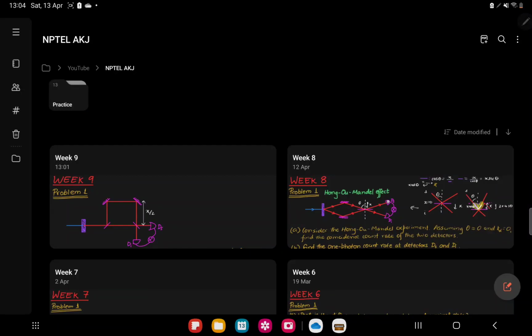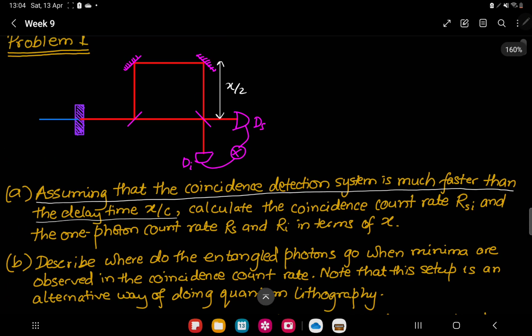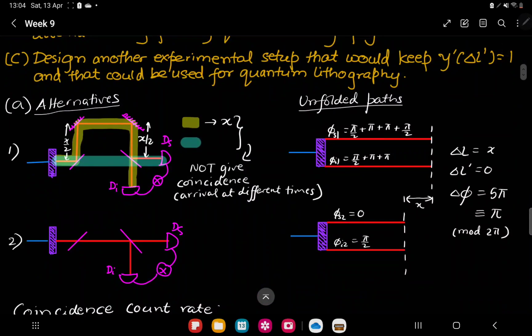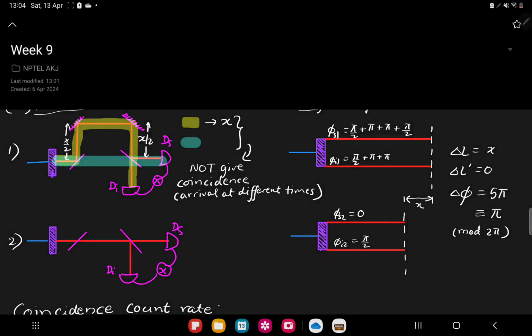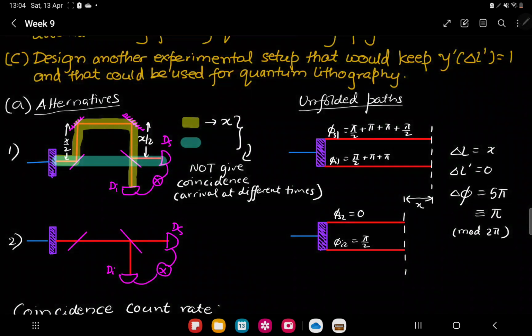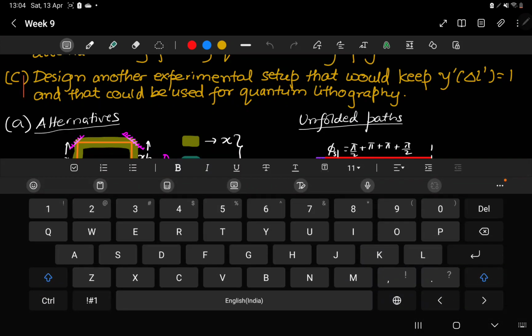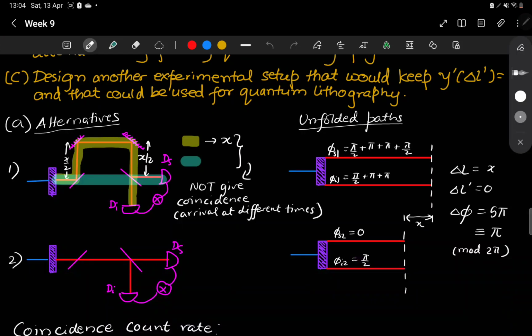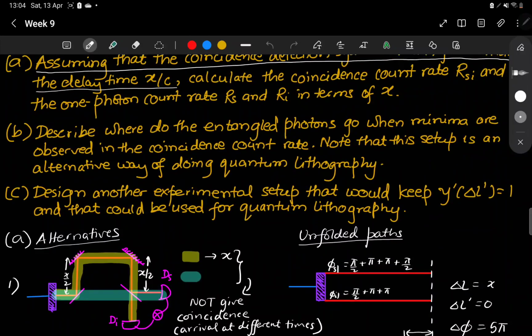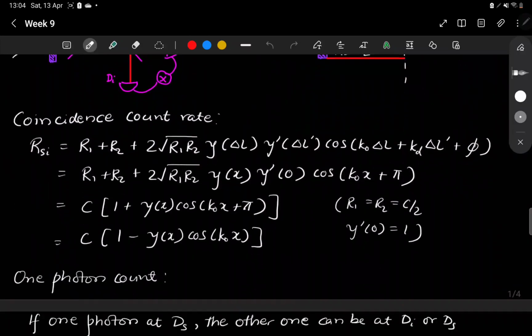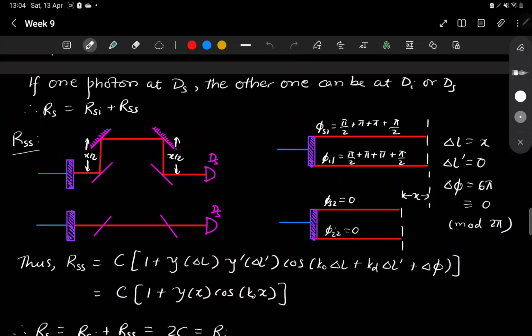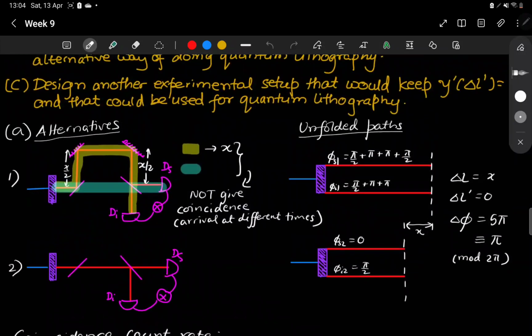Now let us come back to this setup, and this setup can also be used for quantum lithography, and we saw what the alternatives for the coincidence are over here.